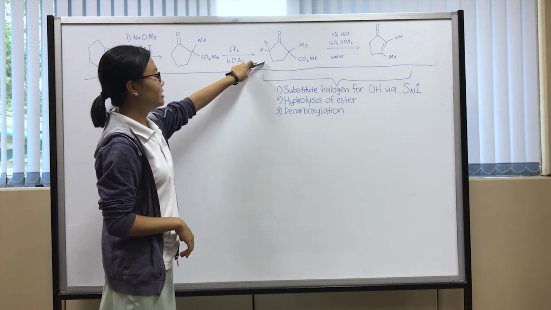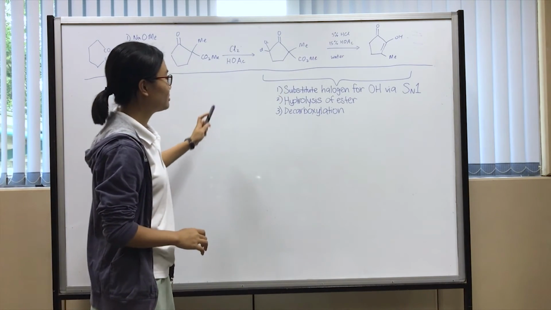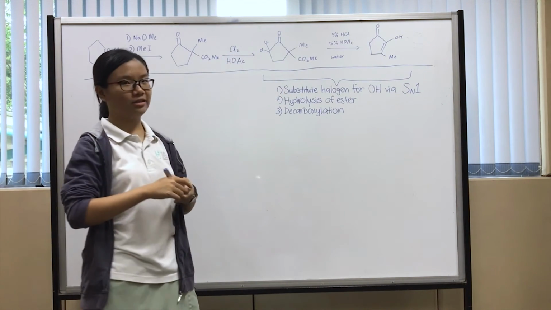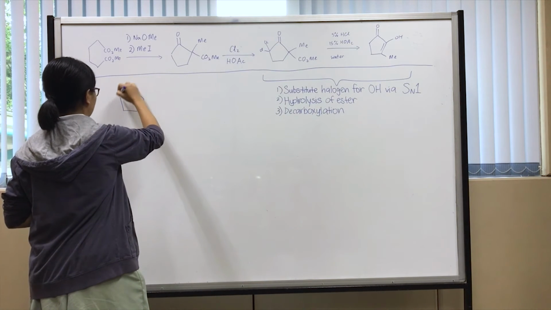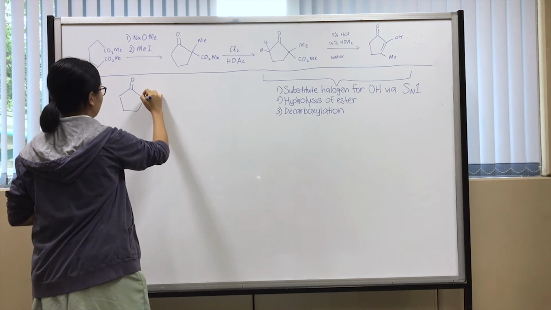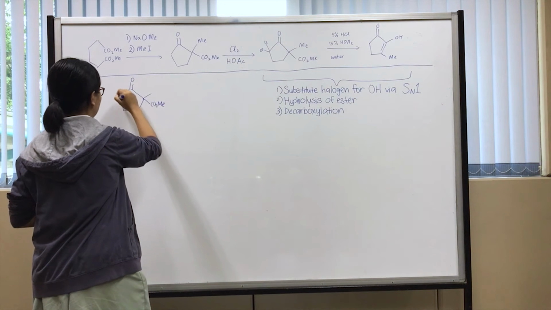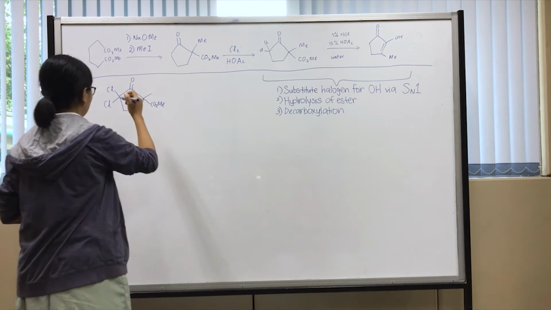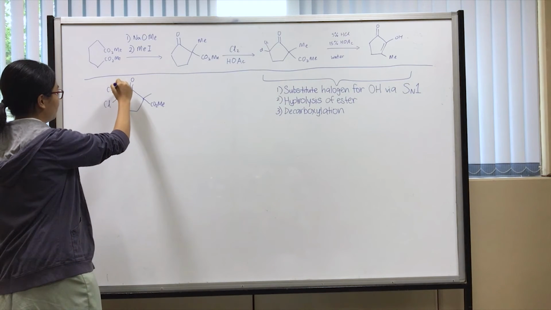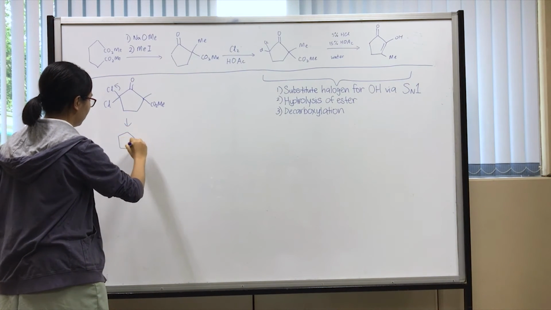So now we're at this step. The first step for this last step is to substitute the Cl for OH via SN1 mechanism. Because Cl is a good leaving group, it will just leave and form a carbocation.